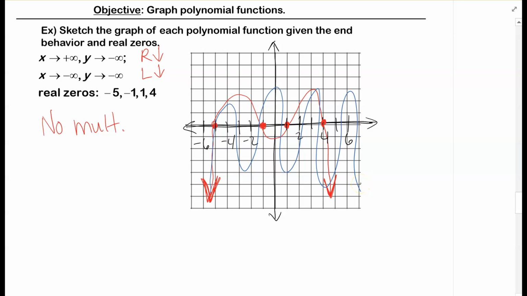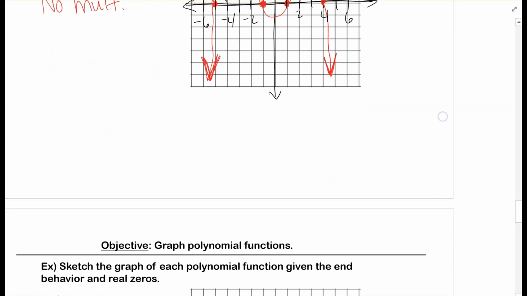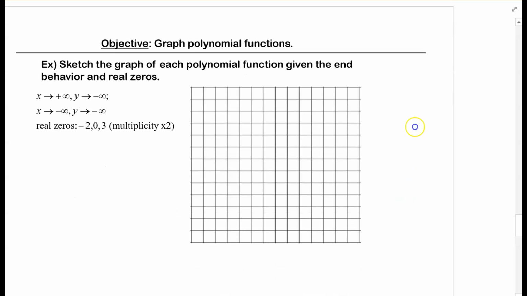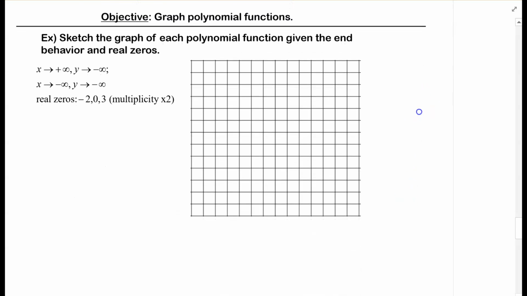But if you don't have a 0, you are not allowed to cross the x-axis. So please be careful. Each of your zeros is kind of like a pathway to cross the x-axis, okay? If there is no 0, you're not allowed to cross the x-axis at that point, okay? All right, next example.